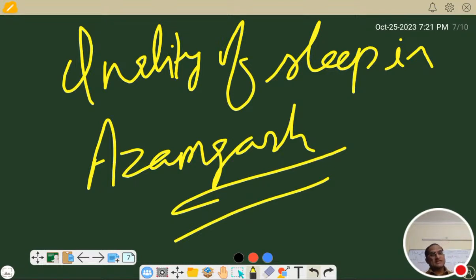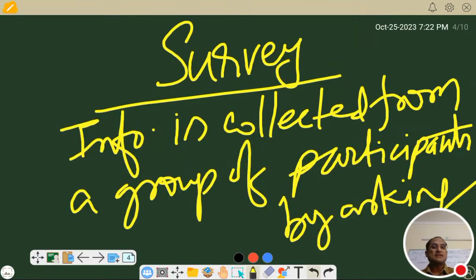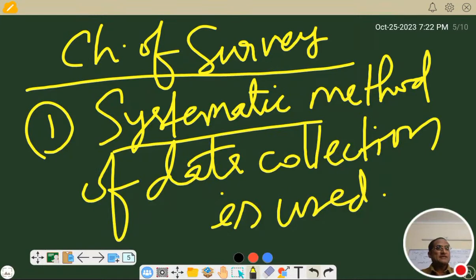The whole population is all the youth in this age group of 18 to 25, and the sample is youth of 18 to 25 in Azamgarh. So this gives a systematic method. The collection of data takes place in a systematic manner. Systematic methods of data collection are used.